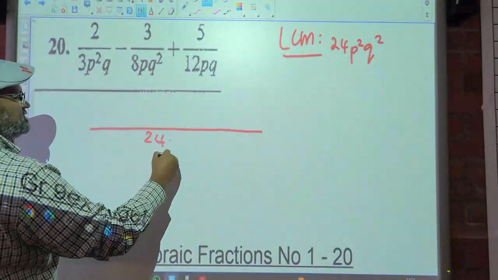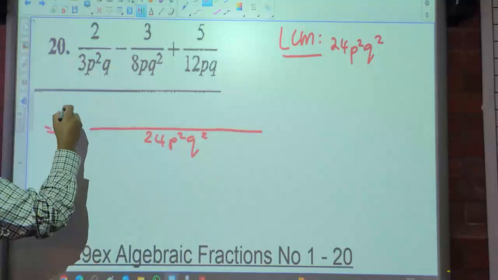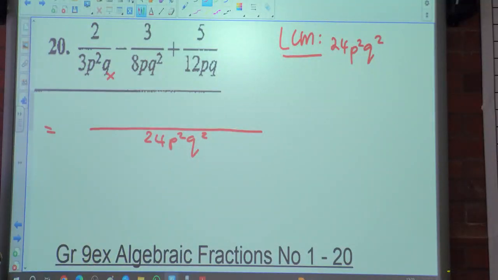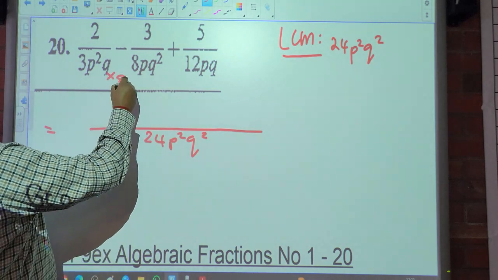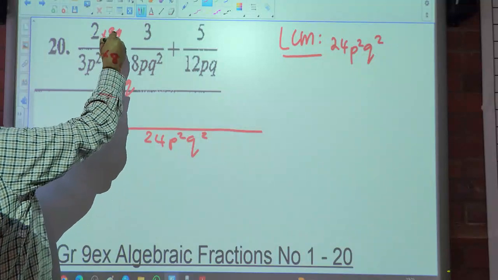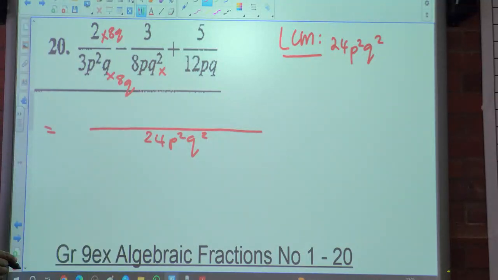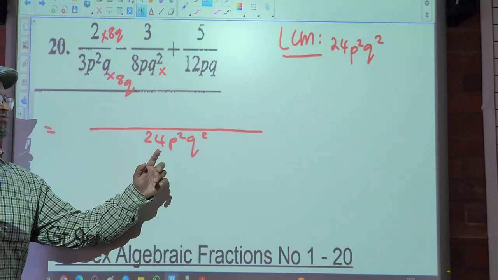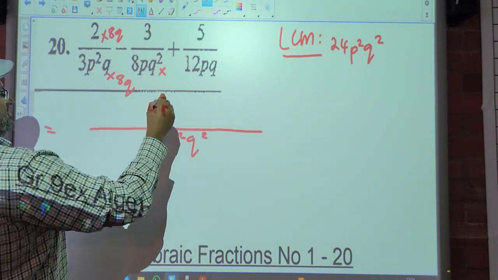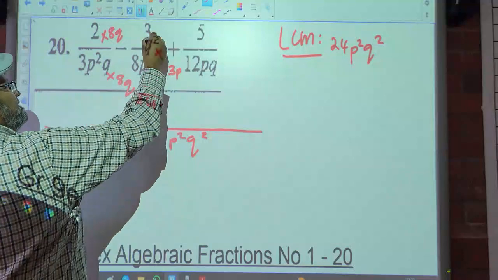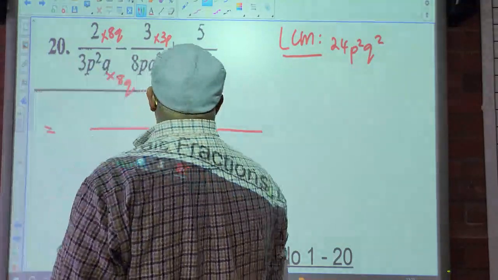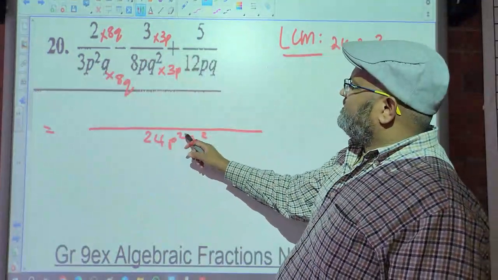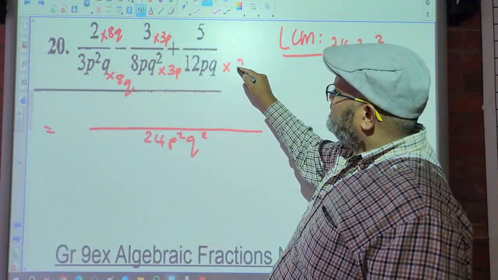You got 24p squared q squared. What must 3p squared q be multiplied by to give 24p squared q squared? 8q. What must 8pq squared be multiplied by? 3p. What must 12pq be multiplied by? 2pq.